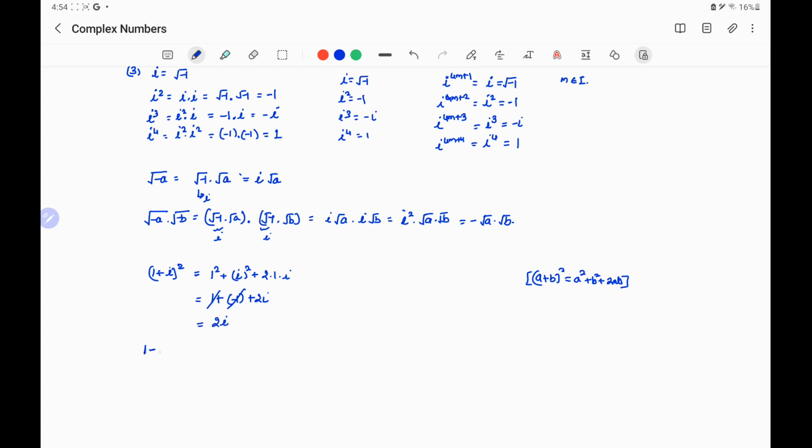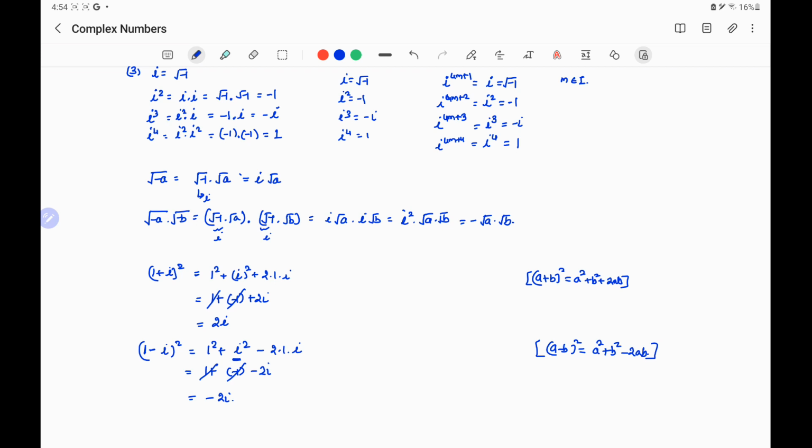Similarly, we can find the value of 1 minus i whole square. Here we will use the identity that a minus b whole square equal to a square plus b square minus 2ab. Using this formula, we will have 1 square plus i square minus 2 into 1 into i. So it will be equal to 1 plus i square, which is again minus 1, minus 2i, and 1 and minus 1 get cancelled and the value will be minus 2i.